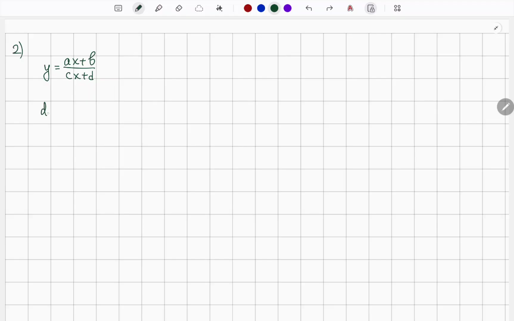That's why, in order to differentiate, that is to find dy over dx, I can apply the quotient rule. u over v differentiated is u prime v minus u v prime divided by v squared. So u is the upper function, v is the lower function. So we just apply the common rule to the general form of the rational function.